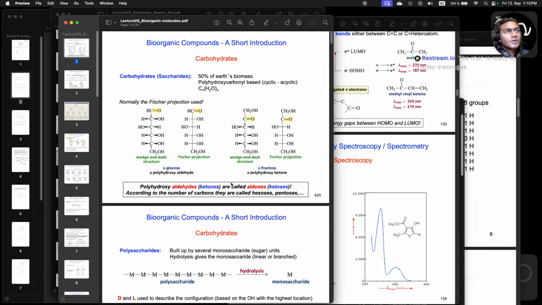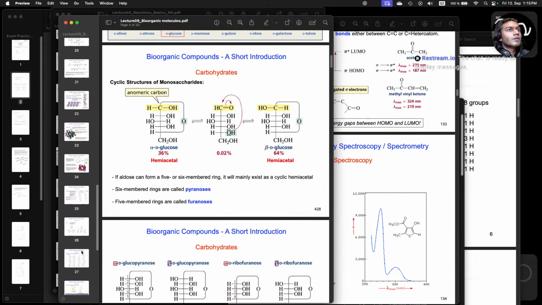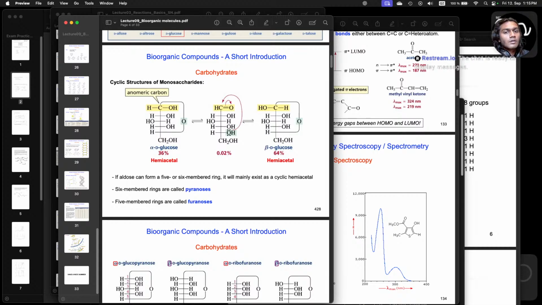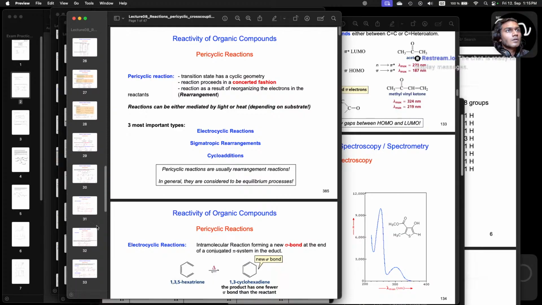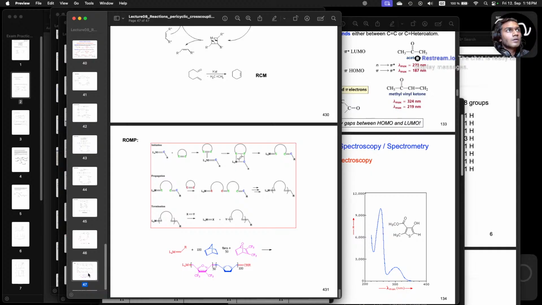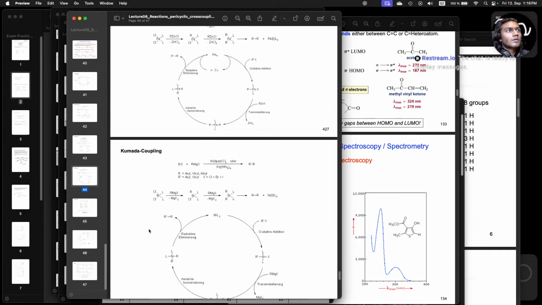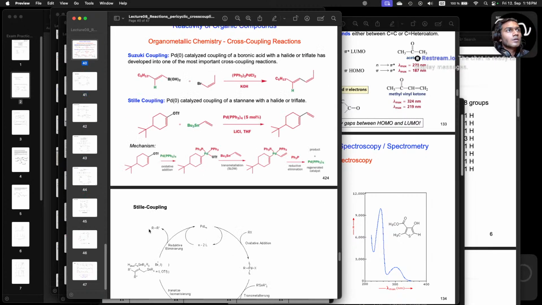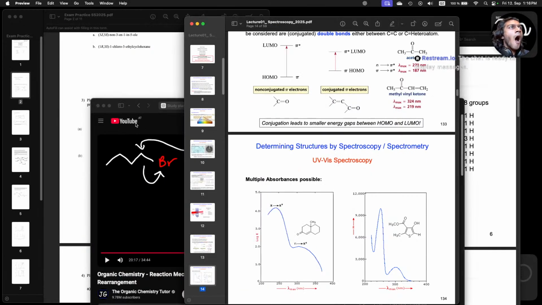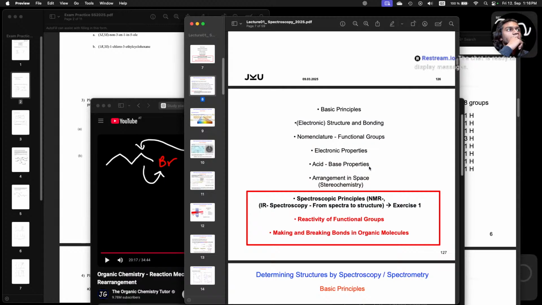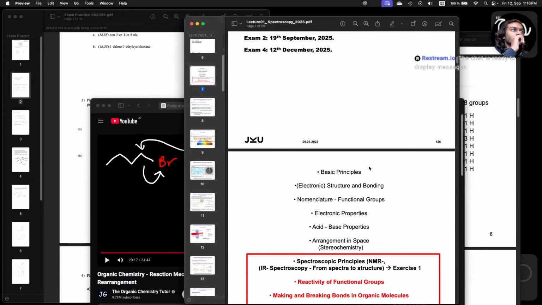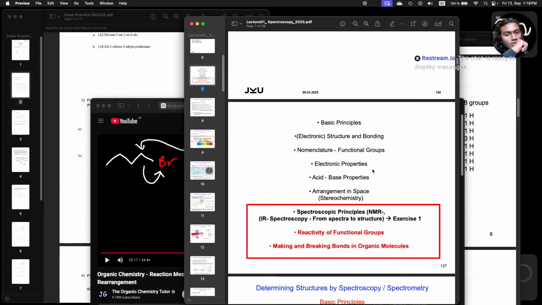Are the PDFs there? 9 PDFs. Okay. Oh, there's an exam on 12th of December, but no, don't hope for that. Why did I see that? God damn it.